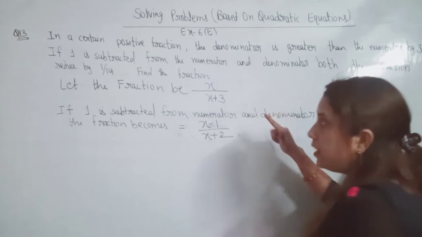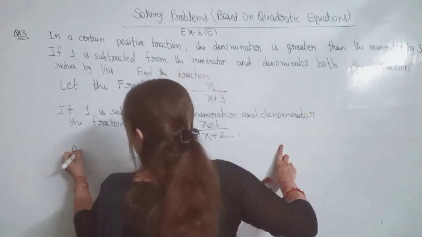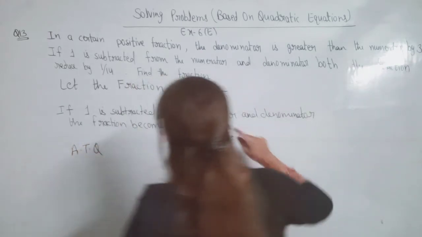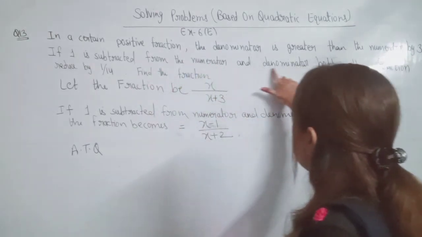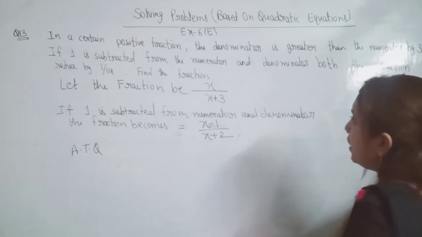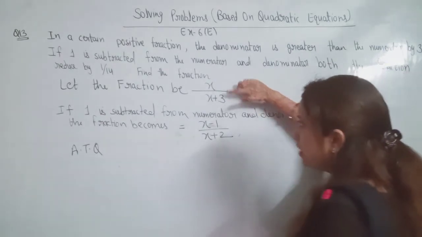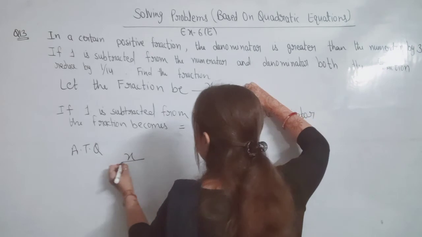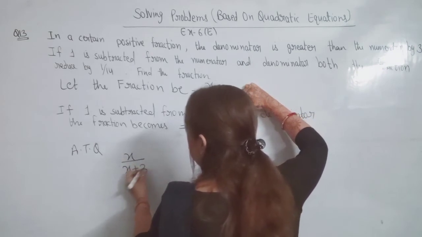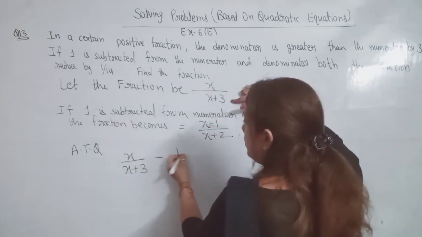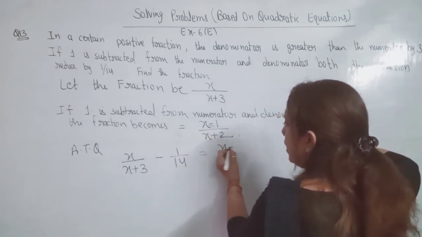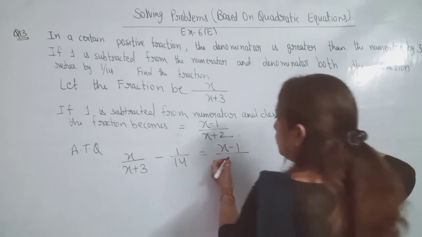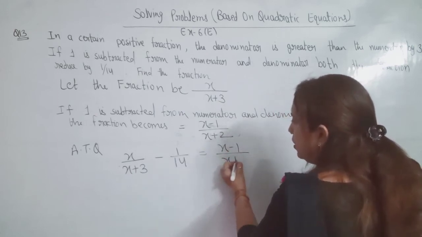According to the question, x upon x plus 3 is reduced by 1 by 14 when we subtract 1 from both numerator and denominator.